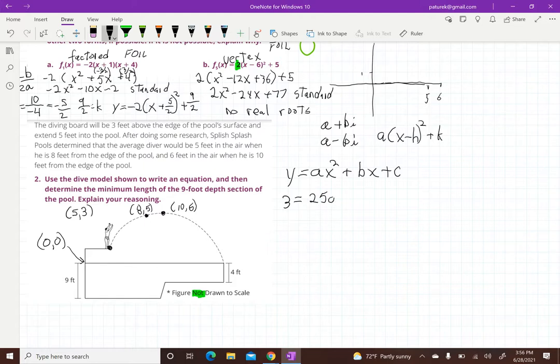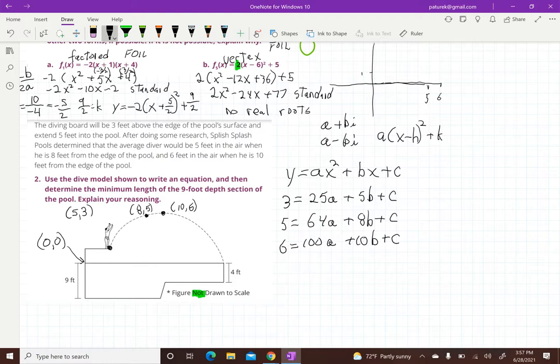So 25a plus 5b plus c. For the second pair of coordinates, 5 is equal to 64 times a plus 8 times b plus c. For the third coordinate, 6 is equal to 100 times a plus 10 times b plus c.